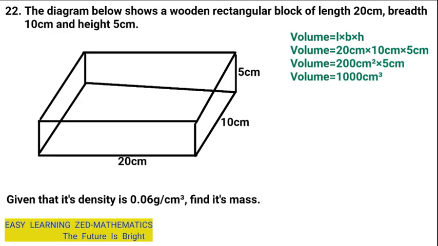So here we write the formula for finding mass. Mass is equal to density multiplied by volume, like I said earlier on. What is the density?